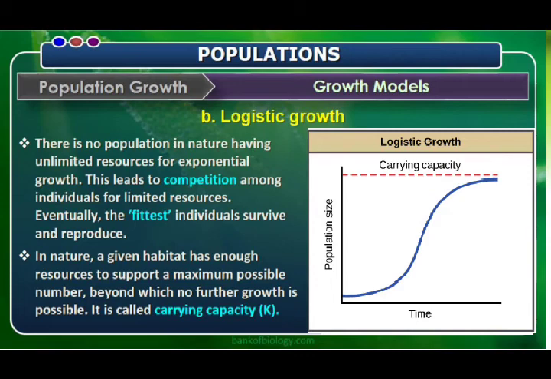So the graph should be in a sigmoid form, where the carrying capacity is indicated by the red dotted line. So this is called logistic growth. So logistic growth is growth when the resources are limited. At that time the growth should be called logistic growth.